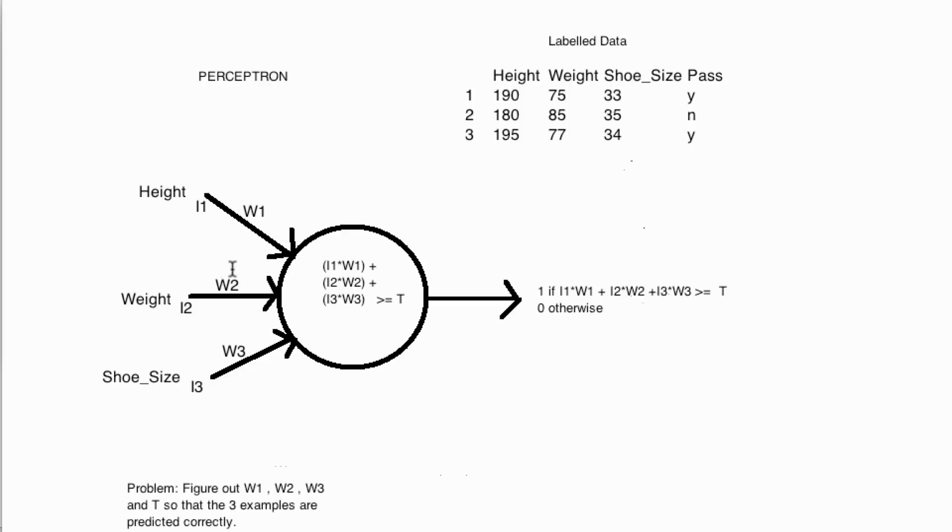There are a number of input lines over here, and there is some processing that goes on in the middle. We'll get into the details of this a little bit later. And then there is a single output line over there. So basically, at least in this particular model, the output here is a function of three different inputs.